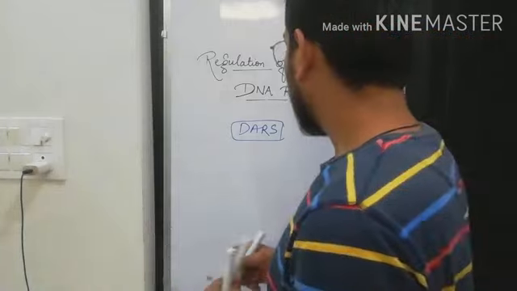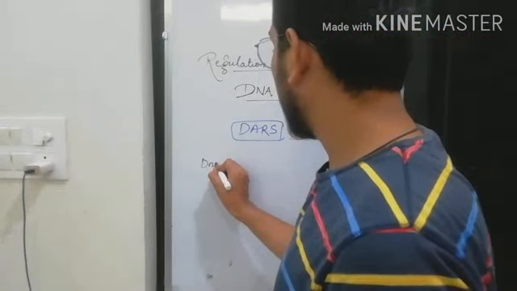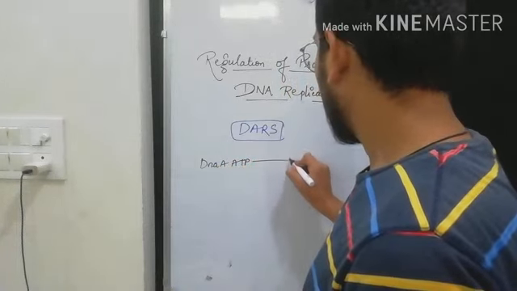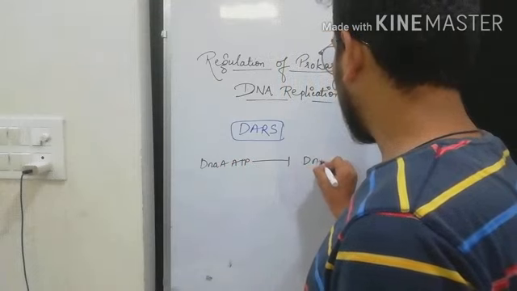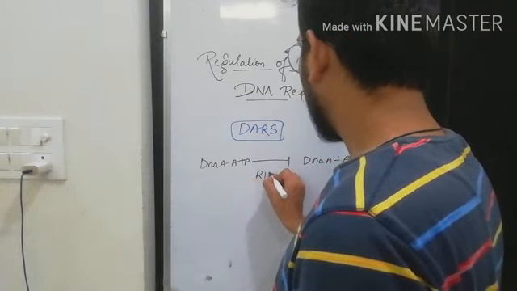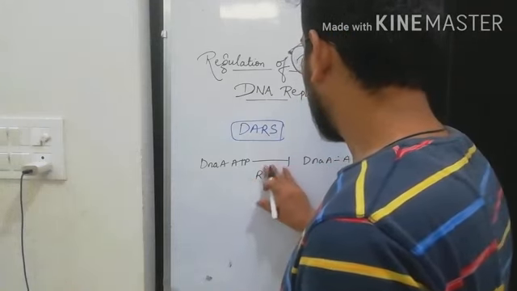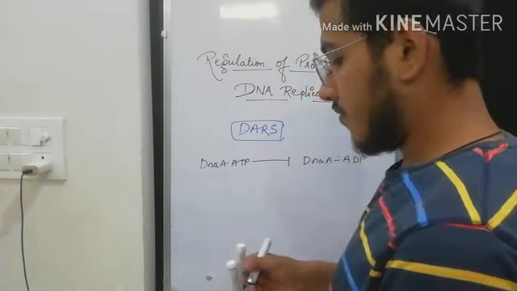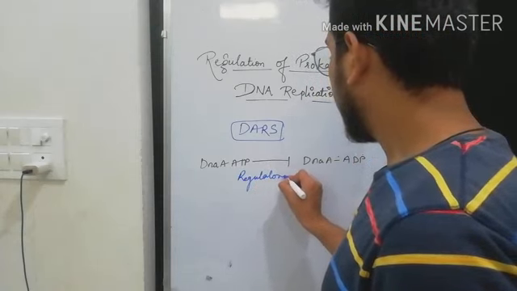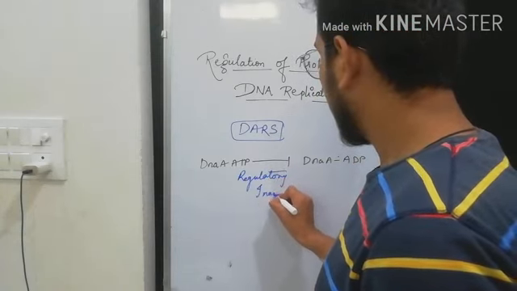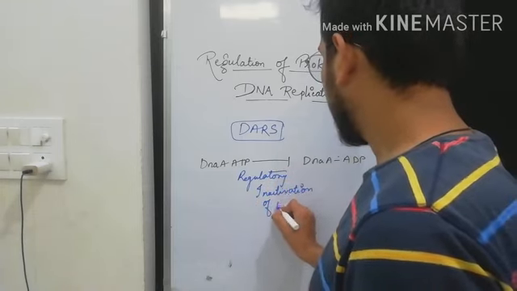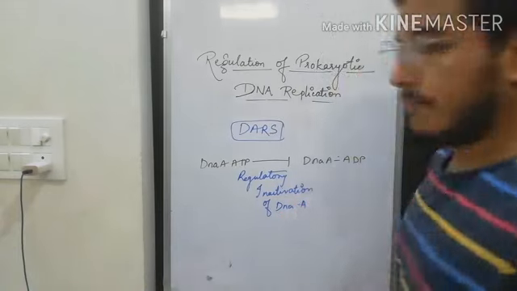So we'll see that DnaA-ATP was first inactivated to DnaA-ADP by RIDA, regulatory inactivation of DnaA.